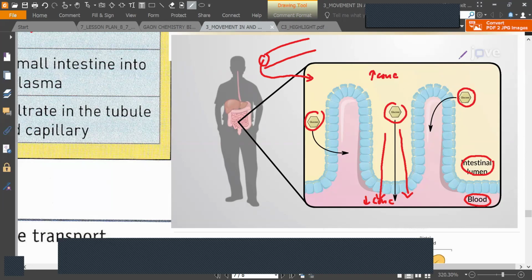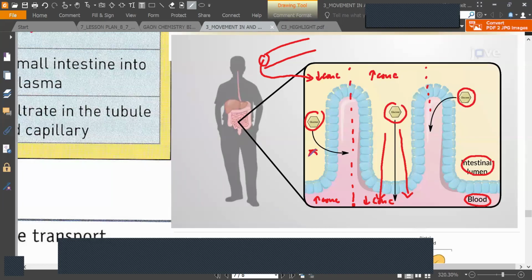But after some time, we absorb almost everything. Now inside the lumen is a low concentration, and inside the blood is a high concentration. We absorb most of the glucose, but we don't want to waste anything.